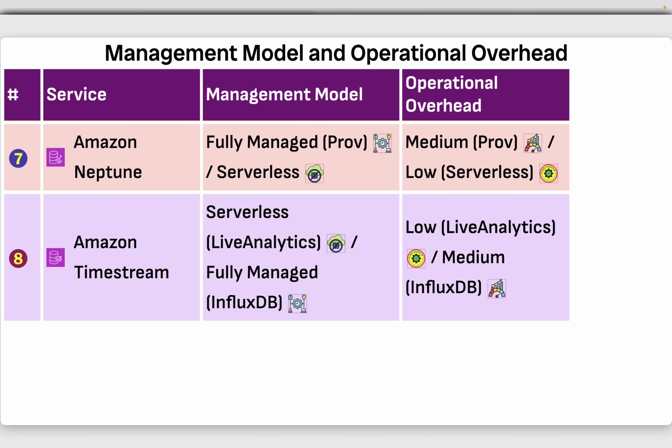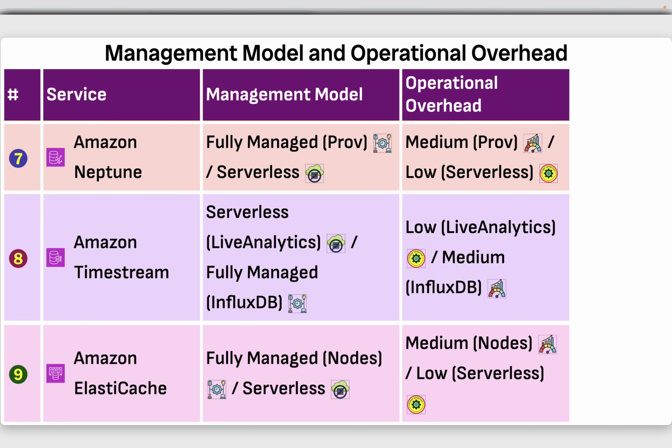Amazon Timestream, you have serverless for Live Analytics and fully managed for InfluxDB. As I talked about, there are two flavors, and serverless is low and fully managed will be medium operational overhead. Amazon ElastiCache will be fully managed, which is node based, and you can go for serverless as well.